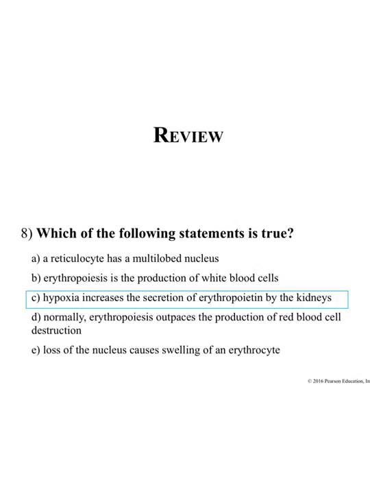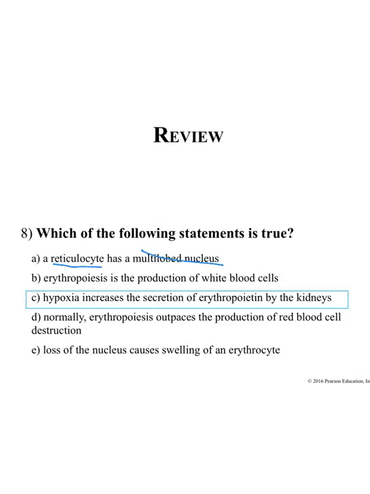Again, we're looking at which of the following statements is true. A reticulocyte is an immature red blood cell, and it does not have a nucleus at all, much less one that's multilobed. Multilobed nuclei are only found in white blood cells or leukocytes.